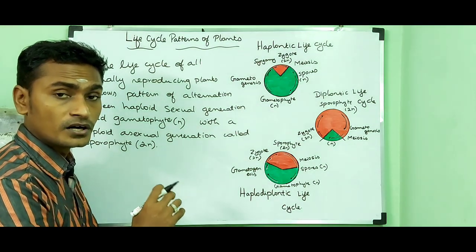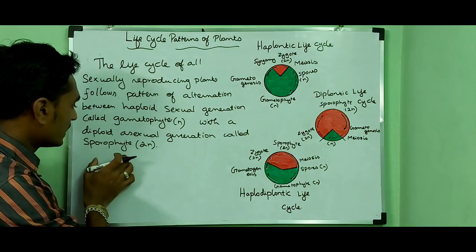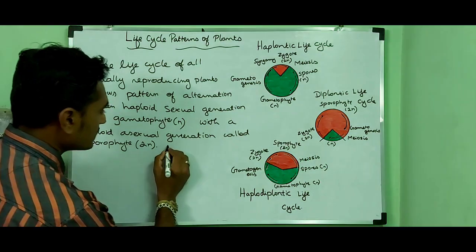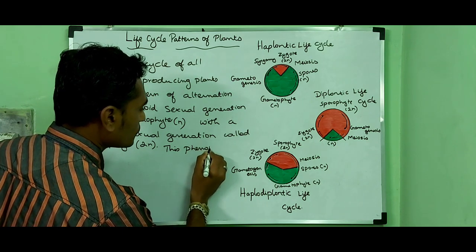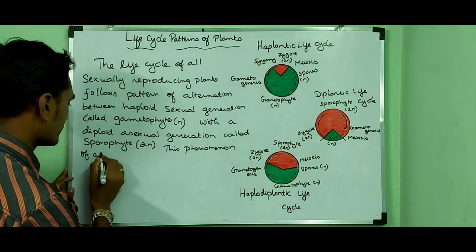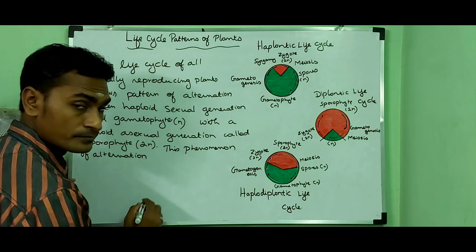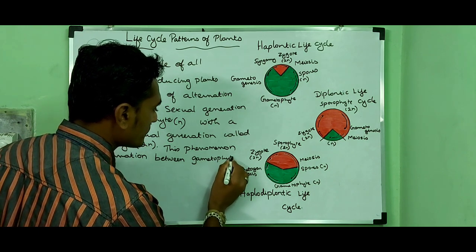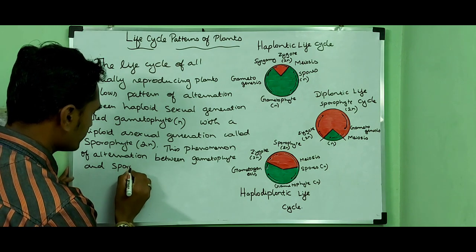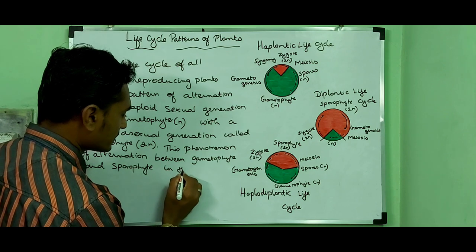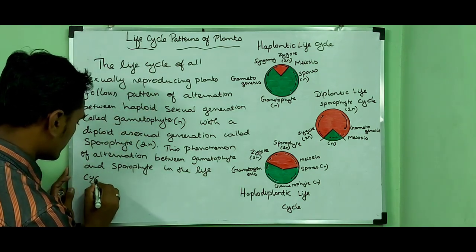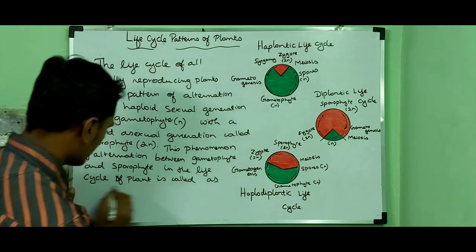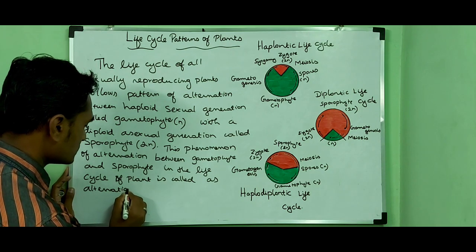So this phenomenon of alternation between the gametophyte and the sporophyte in the life cycle of plant is called alternation of generation.